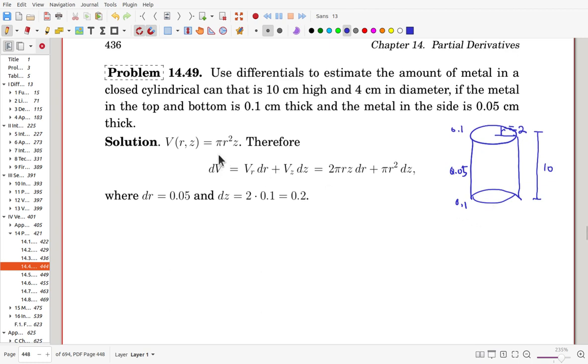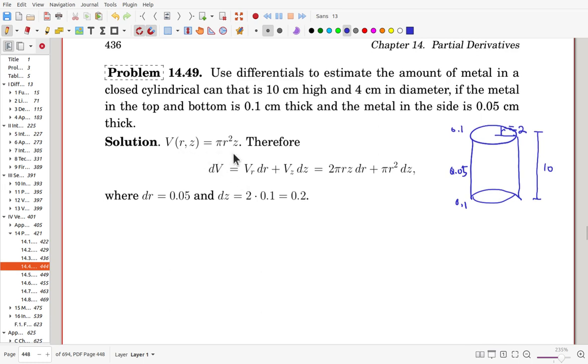So once we start with the volume V, then dV is the change in volume along, in a sense, the tangent plane. So it is an approximation. Now pi times r squared times z is the volume. We can easily see that.